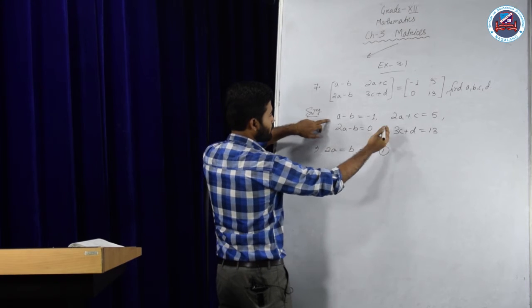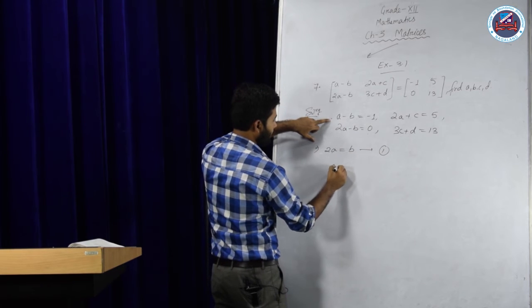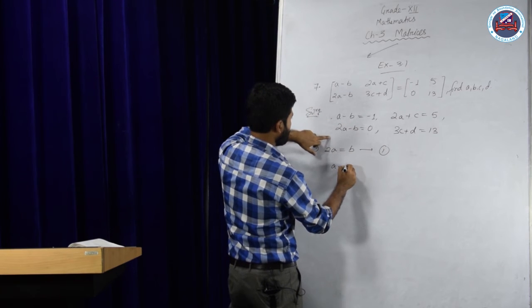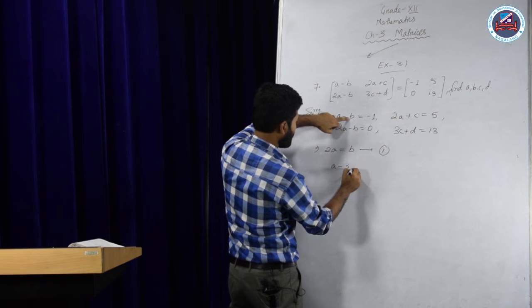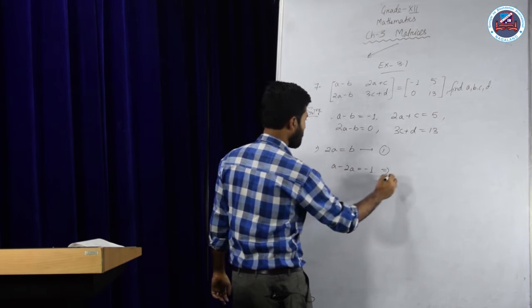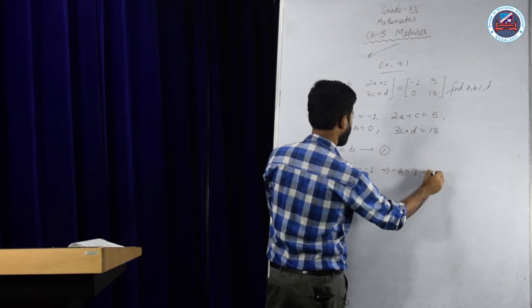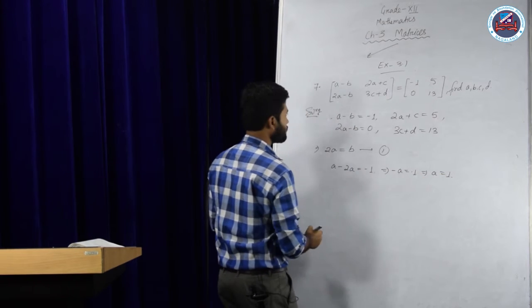Using this in the first equation, in place of B, if I replace it by twice A, it will be A minus 2A is equal to minus 1, and this will imply minus A is equal to minus 1, and hence A is equal to 1.